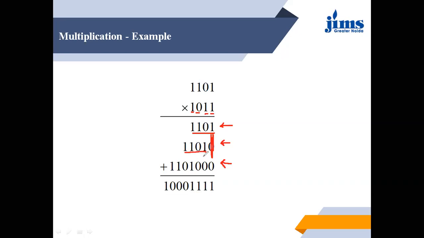Now I should shift this, I should shift these two digits to the left. But when I have a 0 over here, I shift one more. Instead of multiplying 0 with all the numbers and then shifting, I save some time.